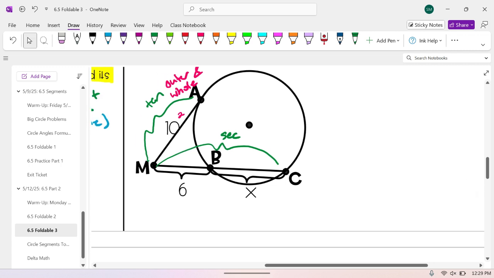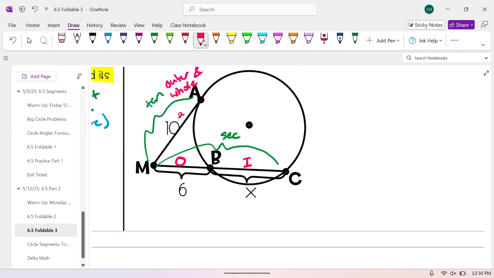Now, which length is my outer for the secant segment? 6. Which one represents my inner? X. So what is the length of my whole? X plus 6.